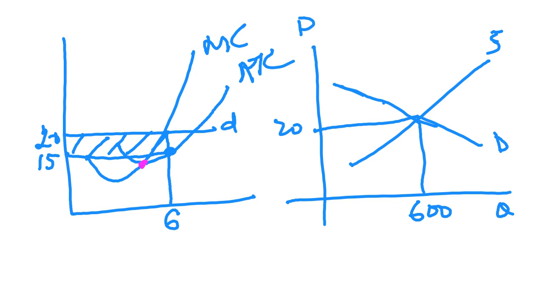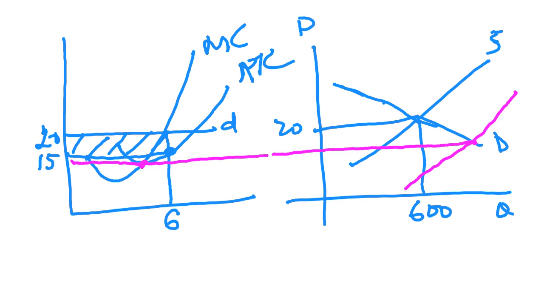So I'm drawing like this. See, the supply curve will shift to the right. It will continue to shift so that when the new equilibrium is reached, it must correspond to the minimum of average total cost.